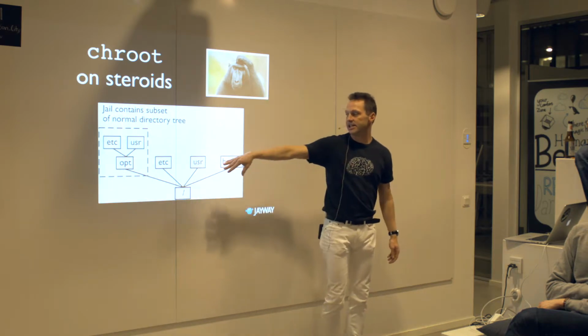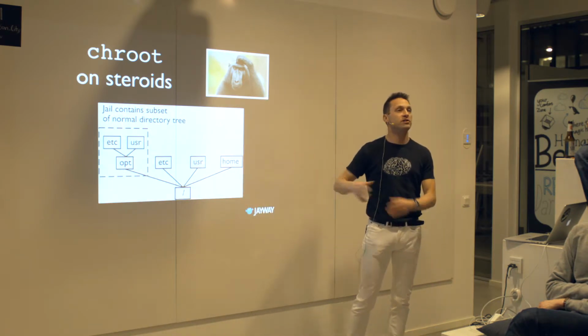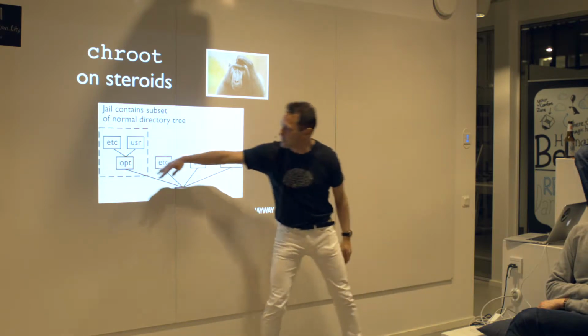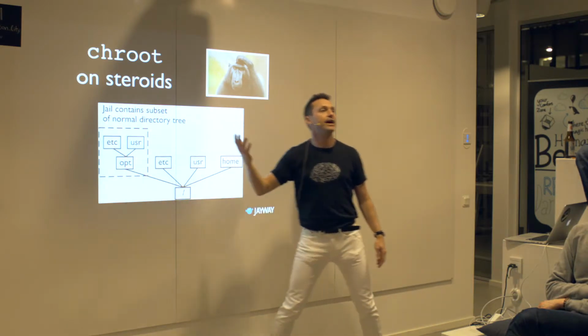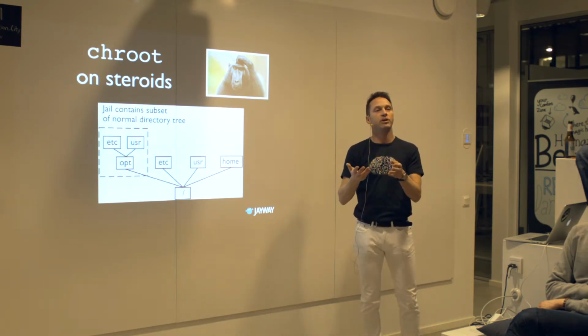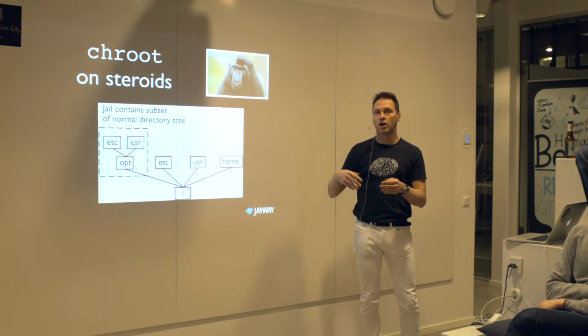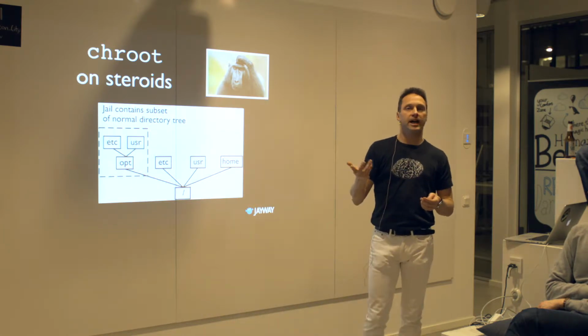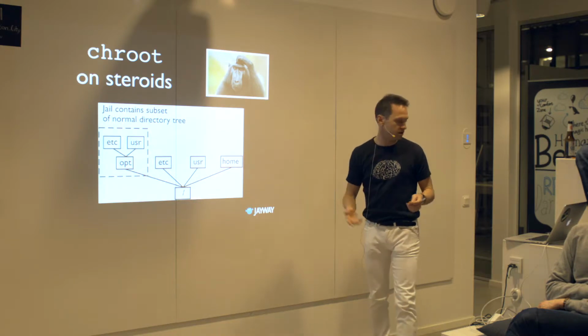I cannot access etc or user or home because they're not even available to me. When I do ls, I get this part of the file system. But it's on steroids in that it's not only the files that are locked in, it's also the networking and other parts.